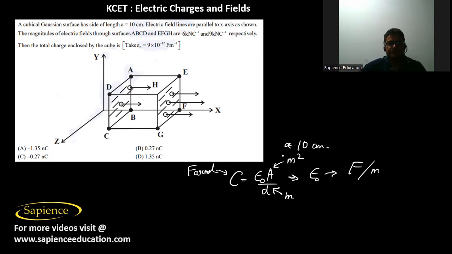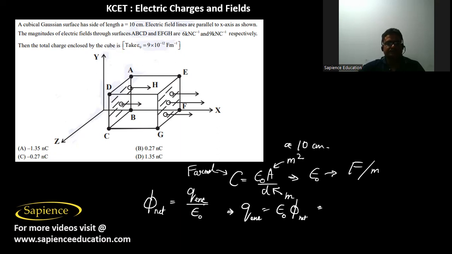Then here we know that the net flux through the Gaussian surface is equal to the net charge enclosed by epsilon naught. So the net charge enclosed will be equal to epsilon naught into the net flux.